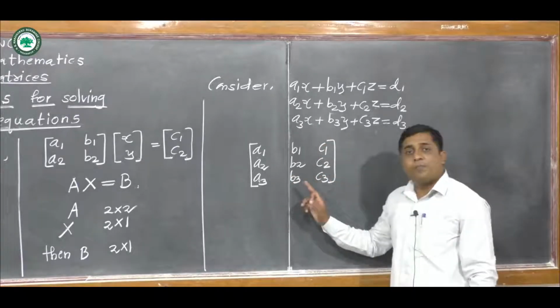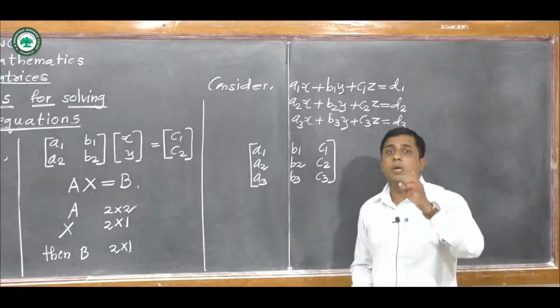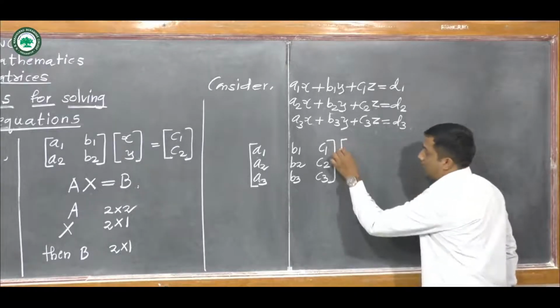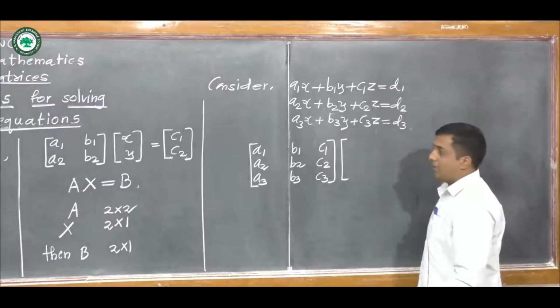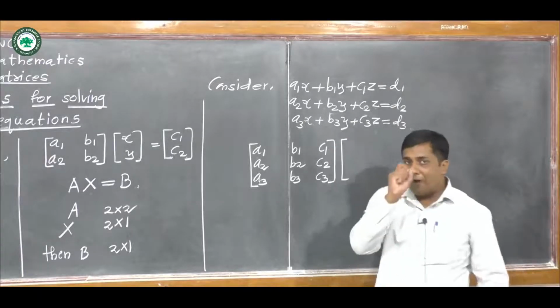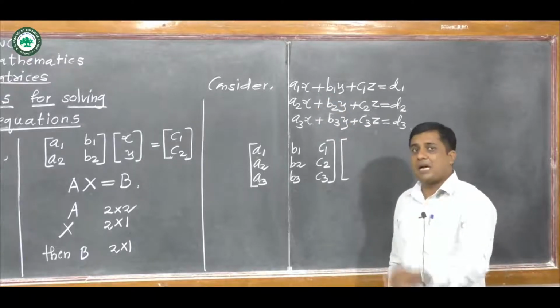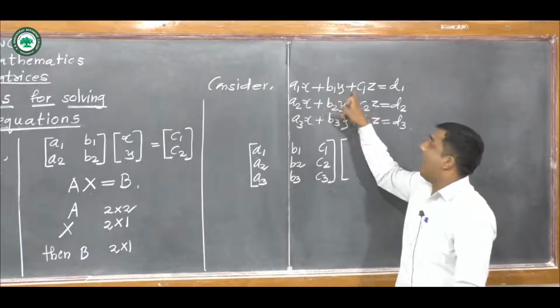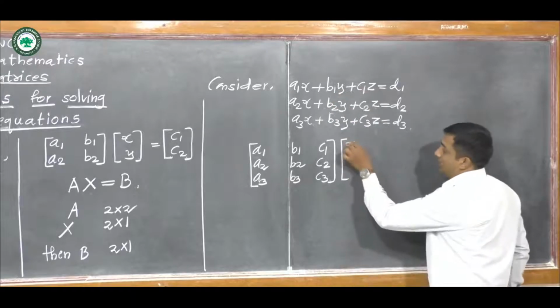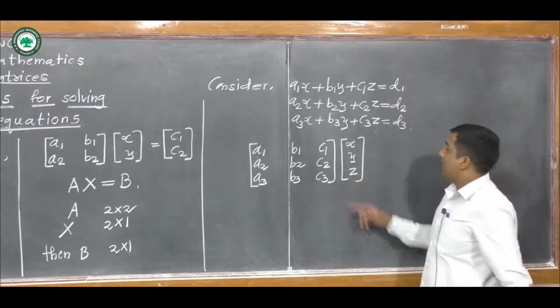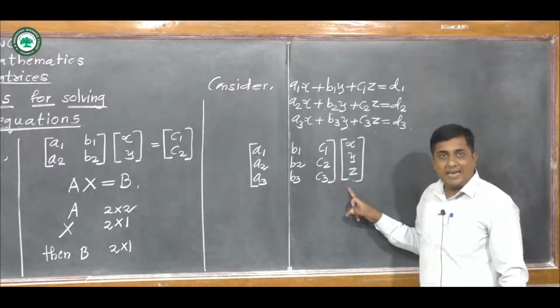So this is the first matrix, having the coefficients of the variables. Then for X we consider the variables. In this equation three variables are given, x, y and z. So this is the column matrix having elements x, y and z.